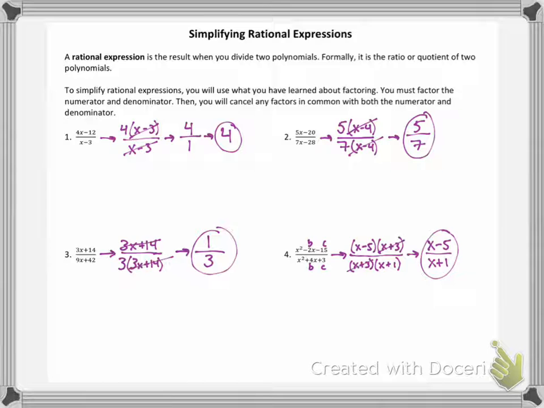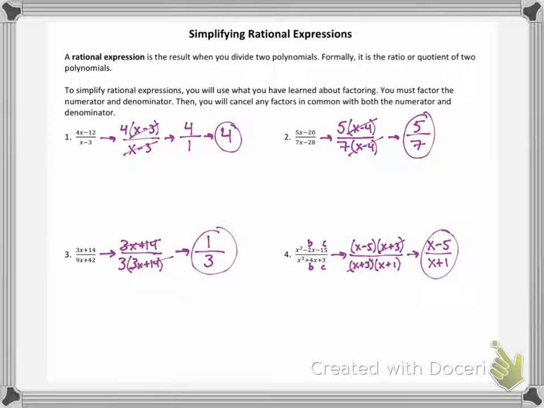Now you'll notice just a couple of details here that sometimes trip people up. When I get to this final answer here, if I only have one expression on the top and/or the bottom, you can put the parentheses back around it. You don't have to. It doesn't matter to me. The one thing I want you to realize though, again, these expressions that have plus and minus signs, one mistake I do not want you to make is in looking at this going, well, I can cross out the X's.